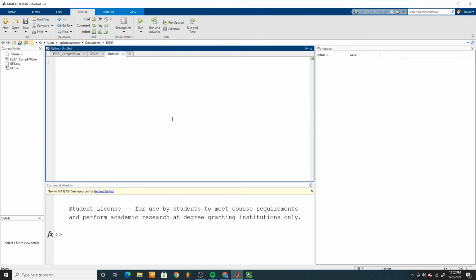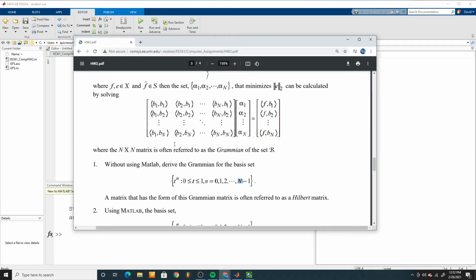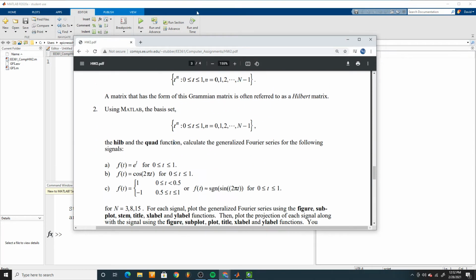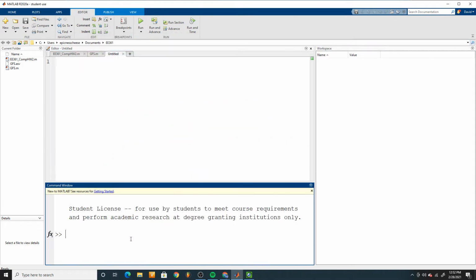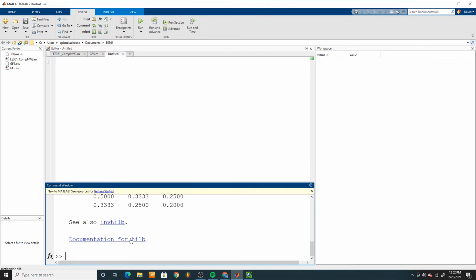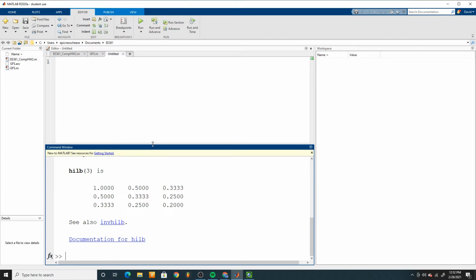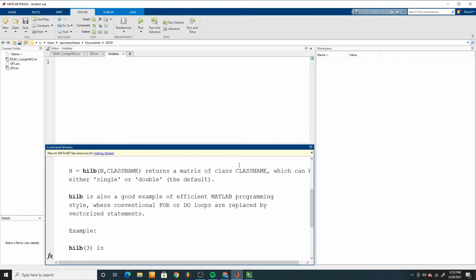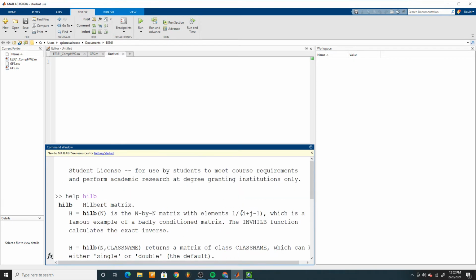One of the functions he wants you to use is Hilb, the Hilbert matrix. If you're confused, just do help Hilb, and MATLAB will help you. It says it's a famous example of a badly conditioned matrix.